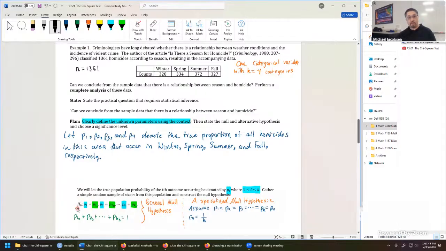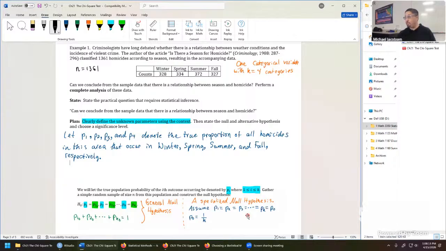The reason we might go that way is the null hypothesis is a statement that nothing is really going on in the population. There's no interesting effect. And that kind of statement would say there's an equally likely chance of a homicide occurring in any one of these particular seasons. But if you have an equal likely chance for all these values, we usually write it in this term. Our null hypothesis is just going to say P1 through P4 are all equal.